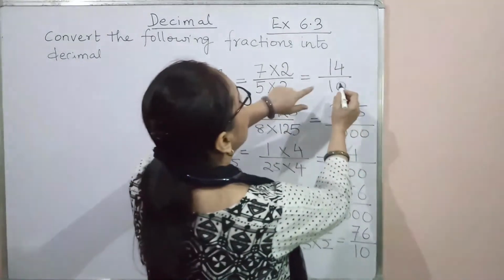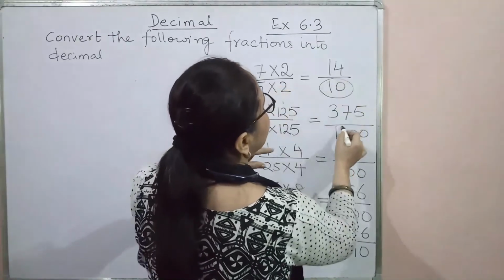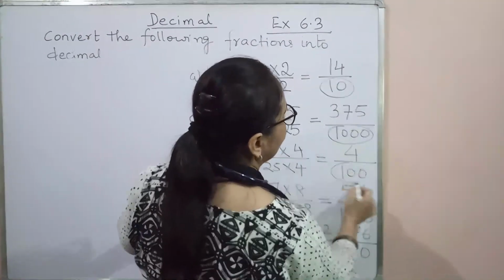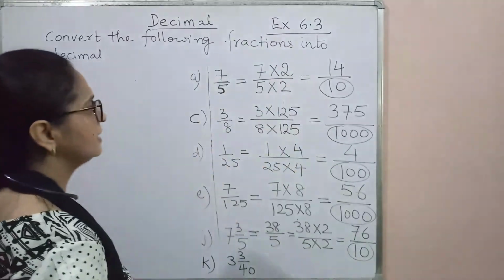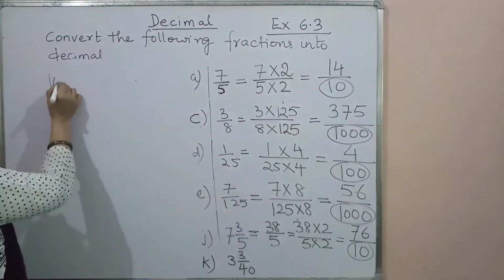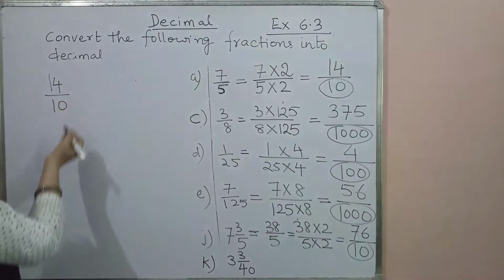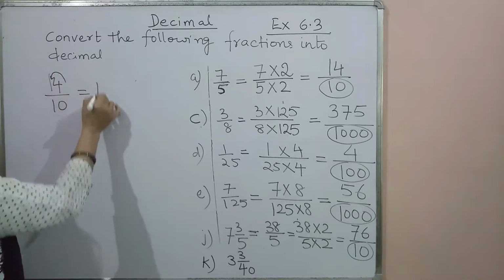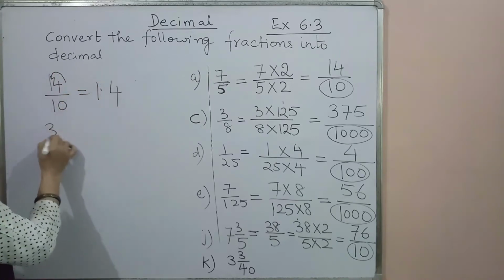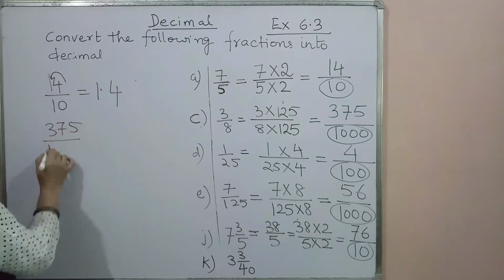Now we all know we got a denominator which makes our work very easy. And what happens in this case? 14 upon 10, the answer will be, decimal is not seen means it is here, it is 1.4. 375 upon 1000.